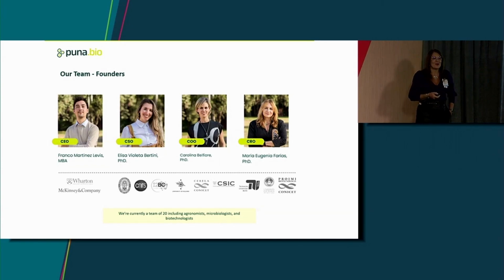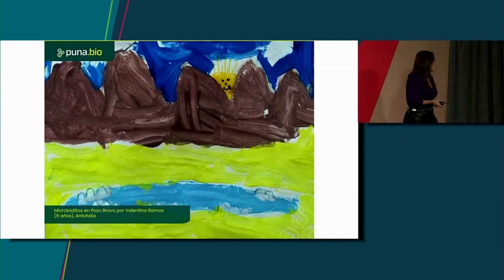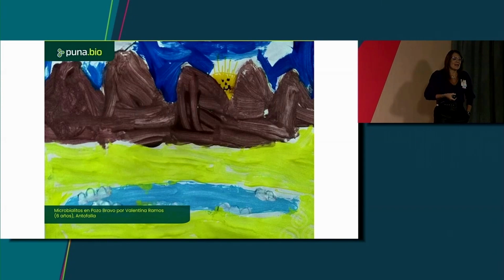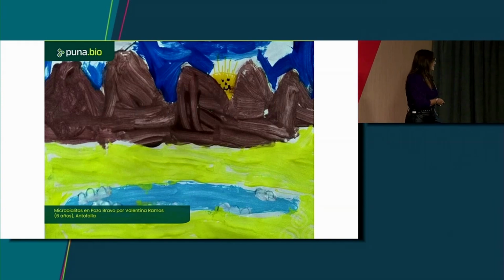We need to know about business. And for finishing, I want to show this drawing made by Valentina, a girl who goes to school in this remote place, and she learned very well what stromatolites are. So thank you very much.